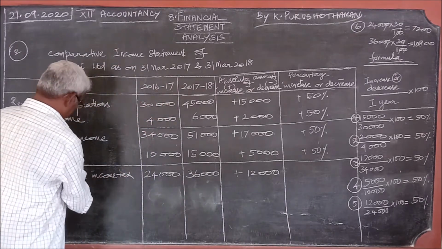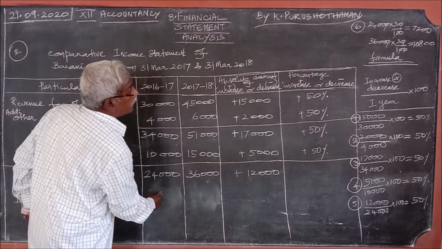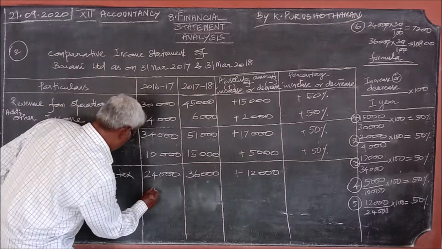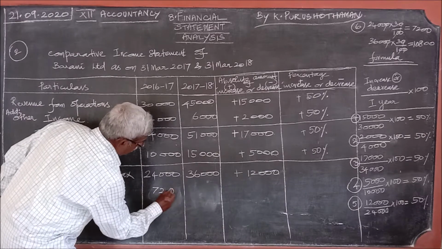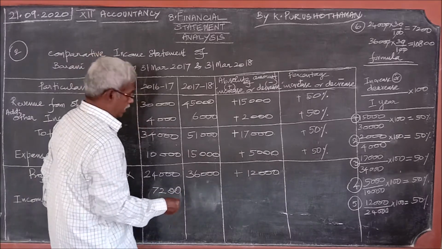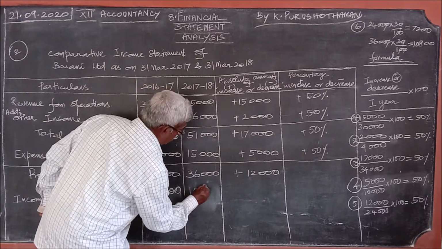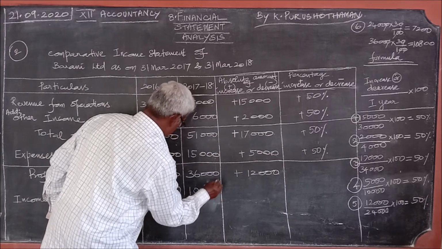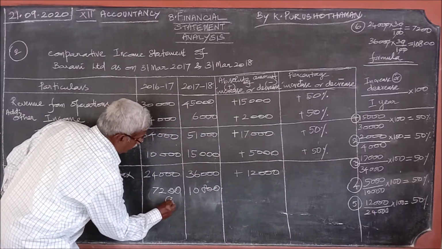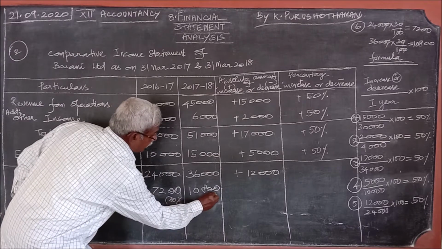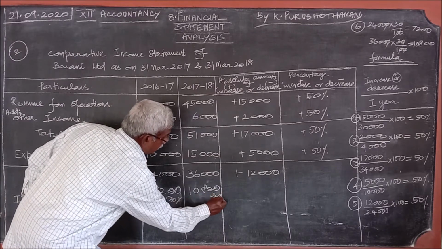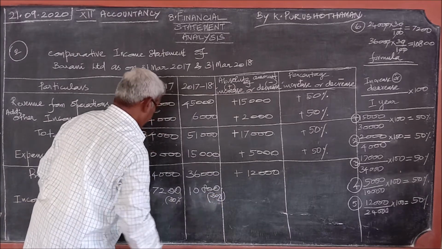What is the income tax here? First year 7,200, second year 10,800. This is at 30%, this is also at 30%. You can put it in the bracket.